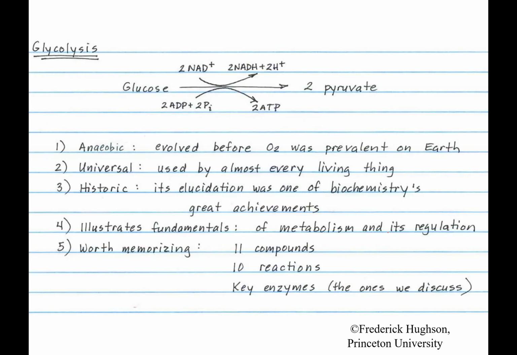Glycolysis, the understanding of glycolysis, is one of the great achievements of biochemistry. It was not an easy pathway to elucidate. You can imagine that 10 consecutive biological reactions involving 10 different enzymes is a huge thing to unravel.